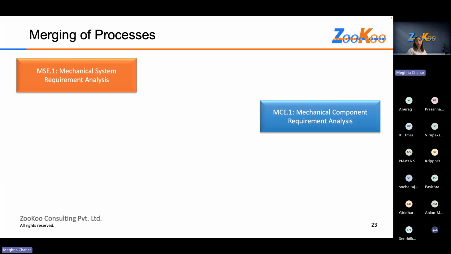We had 2 different processes for requirement, as I was saying. So here you can try to focus on the colors. Whatever you see in this color, orange color, is from our mechanical system process group. Next is our mechanical component process group.